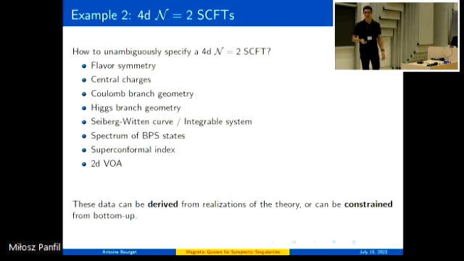Well, a list of characteristics which are well defined are the flavor symmetry, various central charges, the geometry of the moduli space of vacua, the Coulomb branch, the Higgs branch, and then more complicated things like the Seiberg-Witten curve, the integrable system associated to it, the spectrum of BPS states, some various classes of indices, starting with the superconformal index, the 2D VOA that is obtained after some cohomology is taken, etc. So there are a lot of things.